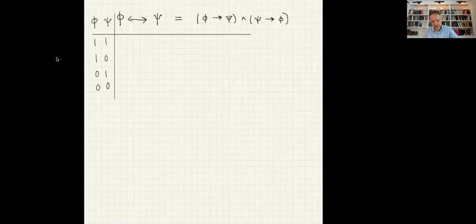The rule for this one is easy to remember. Phi, if and only if psi, is true whenever phi and psi have the same value. Otherwise, it's false. So in this case, it's true on line 1 and line 4, because that's when they have the same values, when they're both true or they're both false. And it's false on line 2 and line 3. So that's the truth table for biconditional.